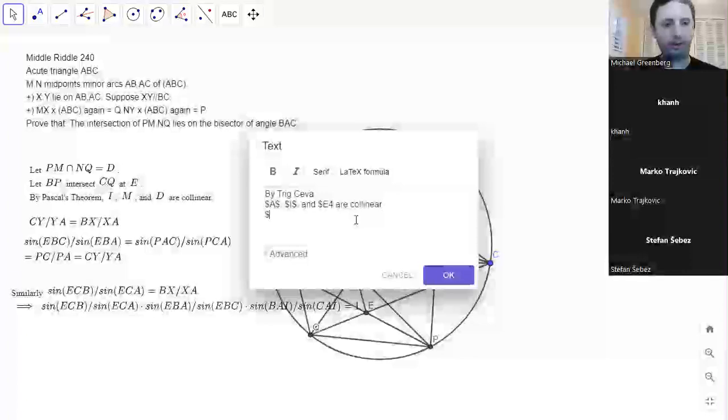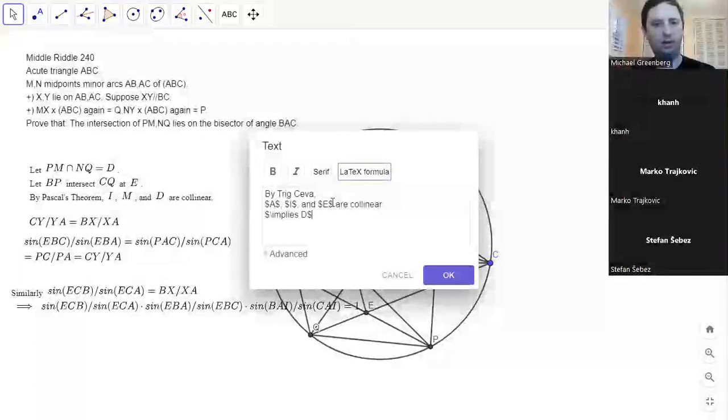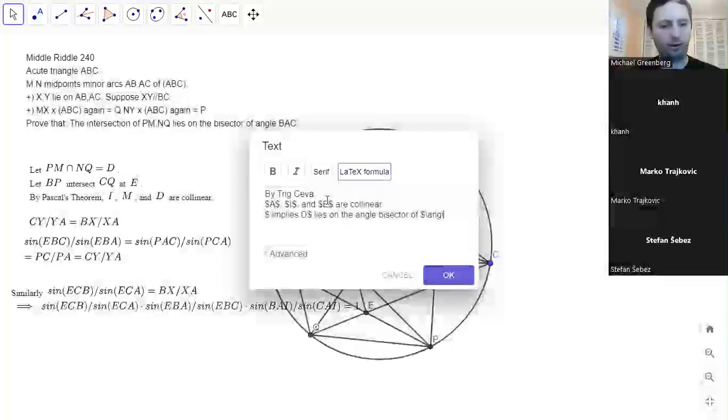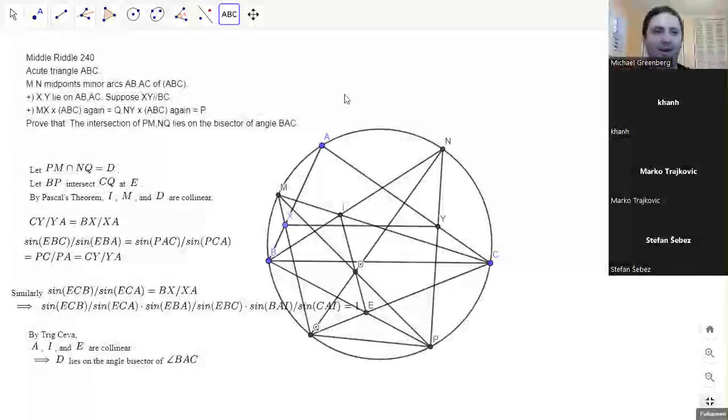And that means that D lies on the angle bisector BAC. All right, I'm going to move on to the next one. So yeah, sometimes Trig Ceva is just magic.